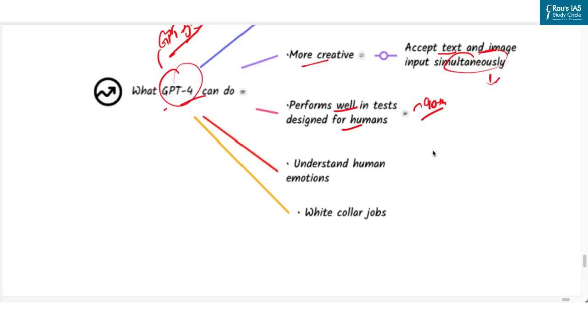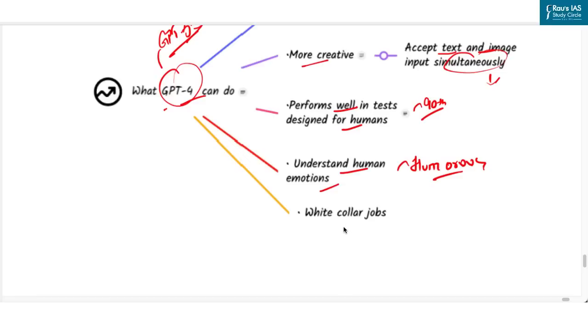Nevertheless, its performance in language comprehension surpasses other high-performing language models in English and 25 other languages, including Punjabi, Marathi, Bengali, etc. Next, it can understand human emotions. The GPT-4 model can purportedly understand human emotions such as in humorous pictures.